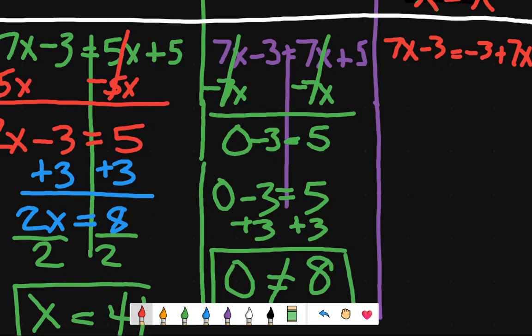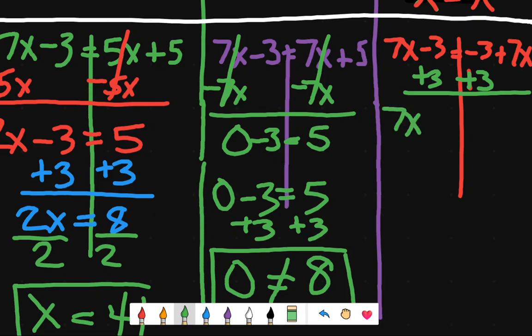So we have to either add or subtract from both sides. So let's just add 3 to both sides because this was a negative 3. And now we'll have 7x by itself, equal to 7x. We can actually stop here and see that this is going to be infinitely many solutions.